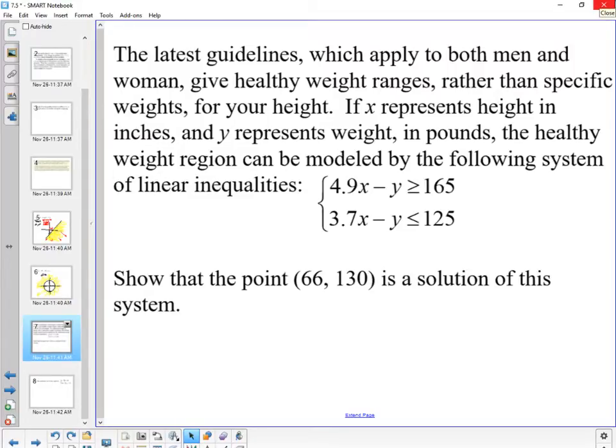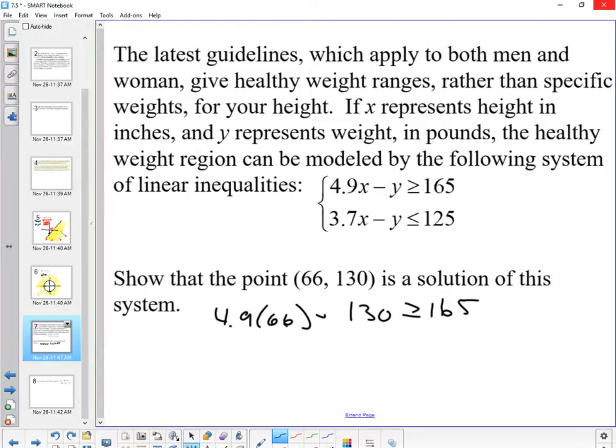I should get 2 true statements. So 4.9 times 66 minus 130 should be greater than or equal to 165. First one. And is it? Yeah, I got 193.4.